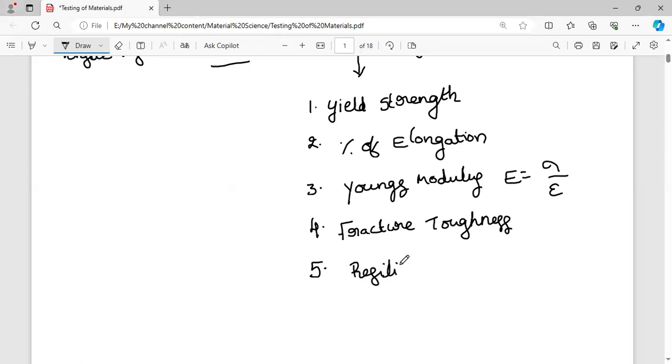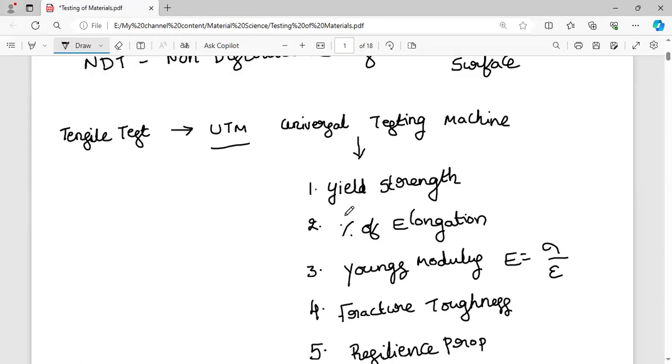Resilience properties can also be calculated by using the universal testing machine. So these five properties are the tensile properties, and all of them can be measured by using the universal testing machine.